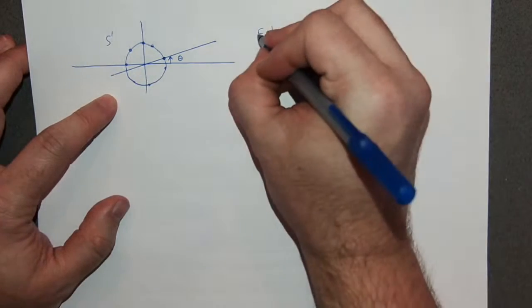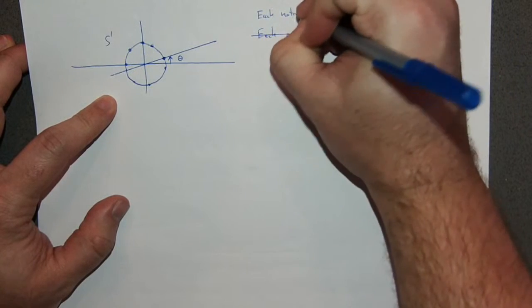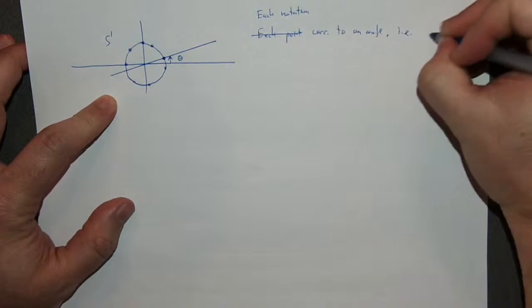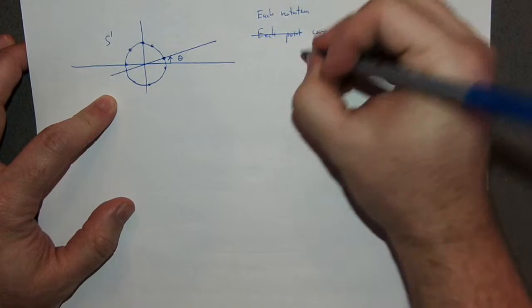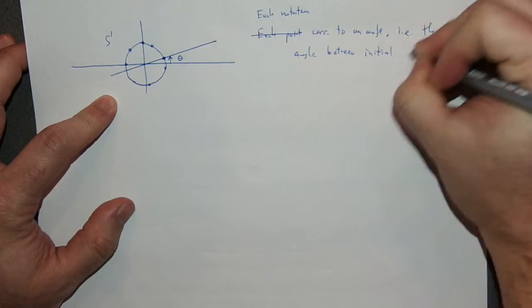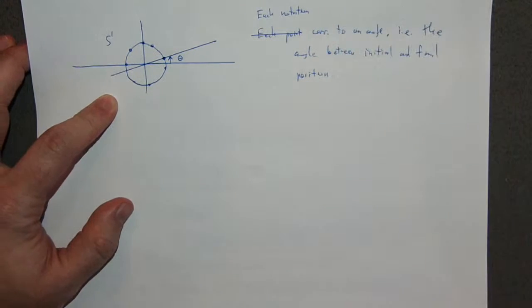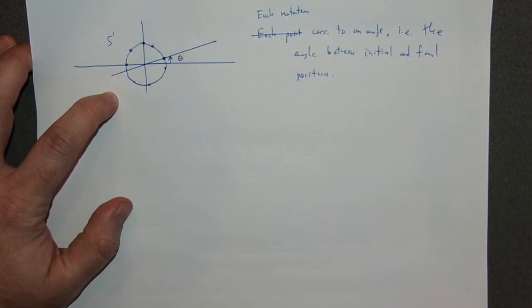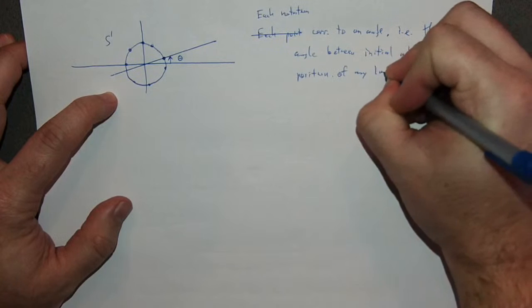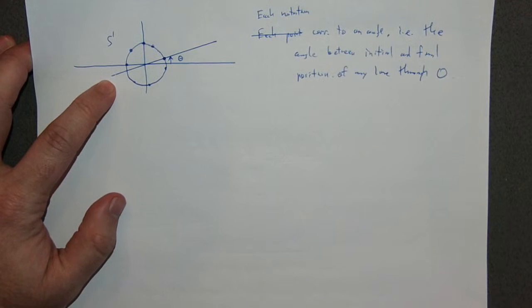But each point is really a rotation here. So each rotation corresponds to an angle, i.e. the angle between initial and terminal position after the rotation has happened. And that's the initial and final positions of any line through the origin.